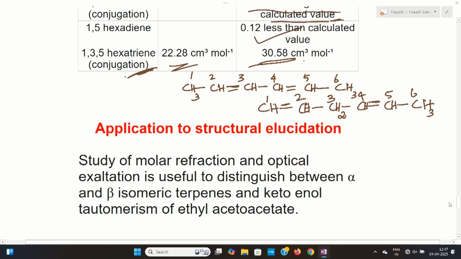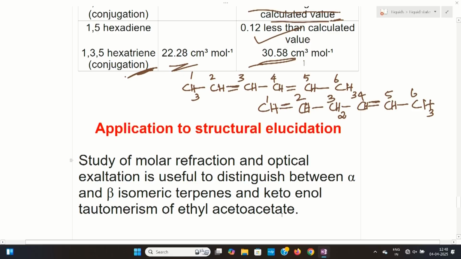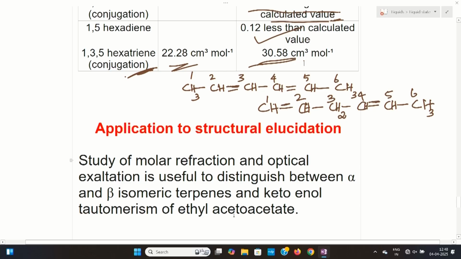Structural elucidation of compounds: we already said that molar refraction helps in the structural elucidation of compounds. Here, if we know the molar refraction and the optical exaltation value, we can distinguish the alpha and beta isomeric terpenes, and the keto-enol tautomerism of ethyl acetoacetate. That is the structural elucidation application of molar refraction and optical exaltation.